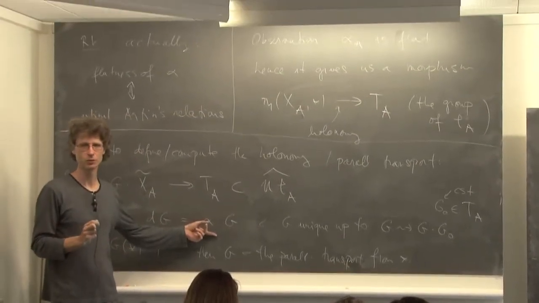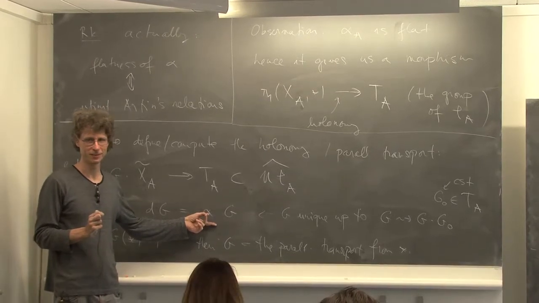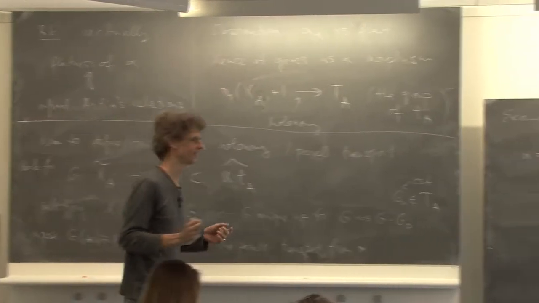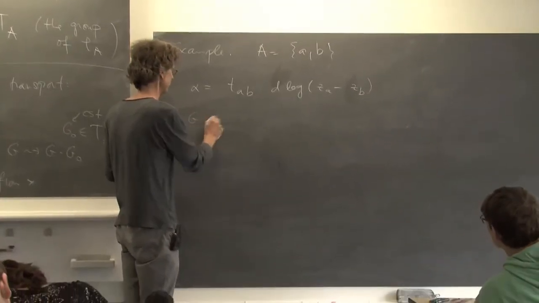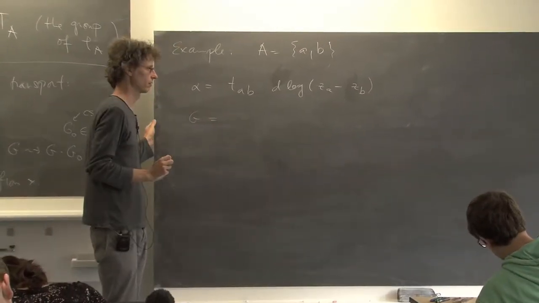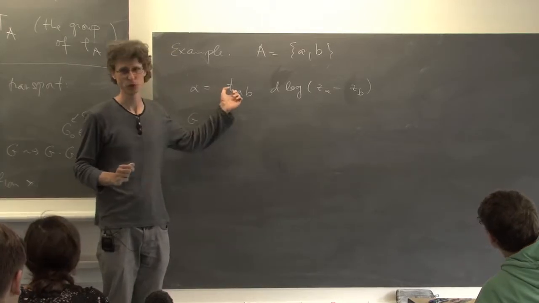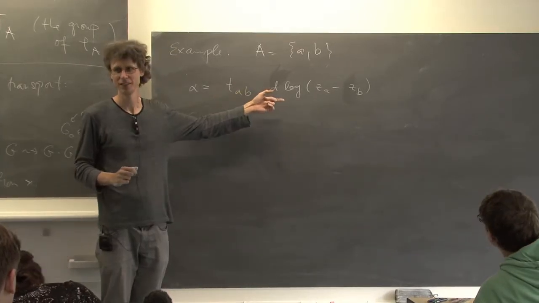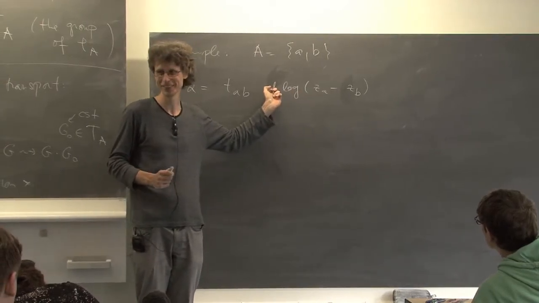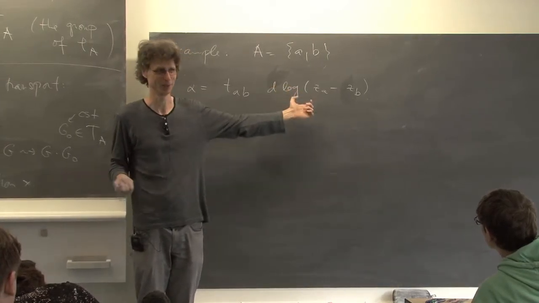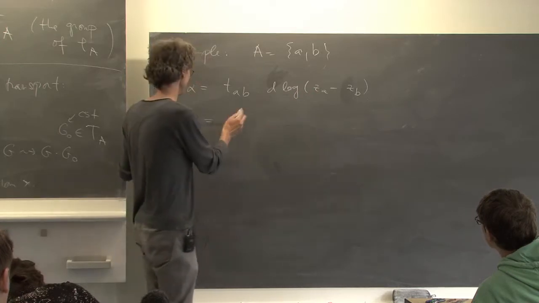Now let's try to solve this equation. It shouldn't be very difficult, right? So g should be just the exponential of the integral of this guy, and the integral of that guy happens to be a logarithm, conveniently. So it's the exponential of the logarithm. But okay, I'll write it.